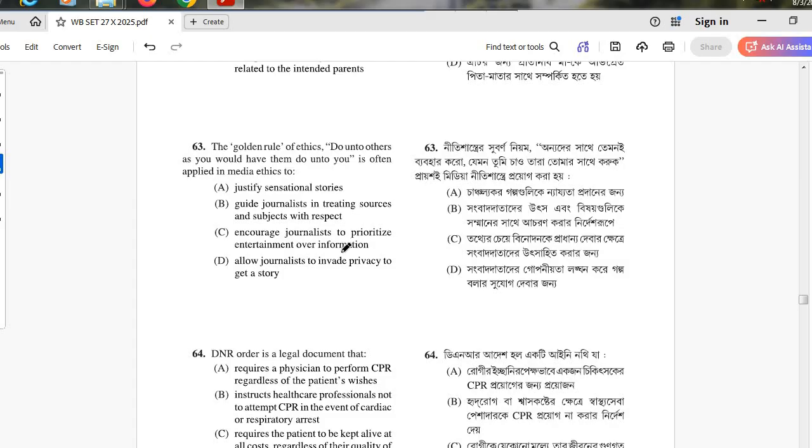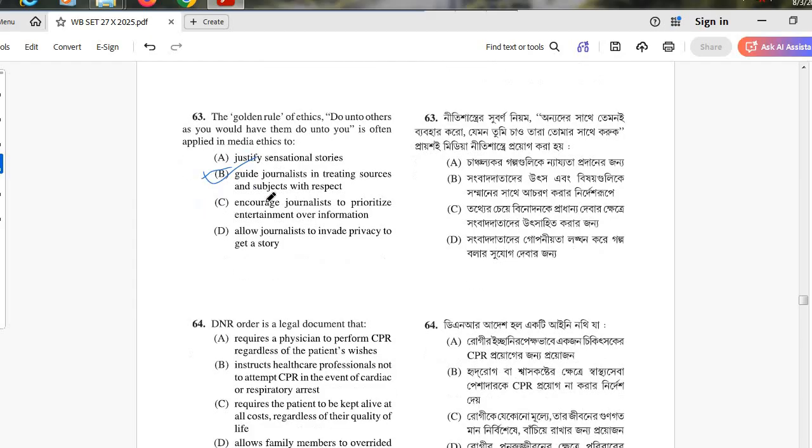And question 63 is option B. Guide journalists in treating sources and subjects with respect.